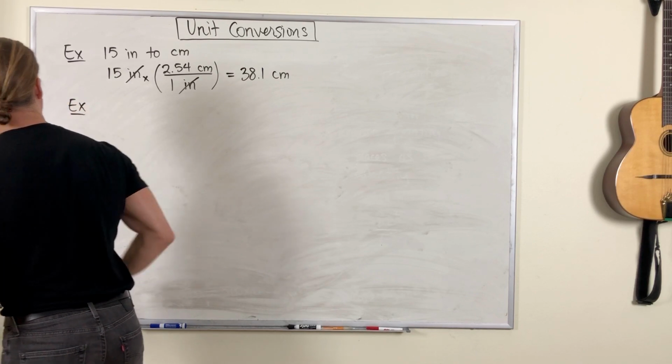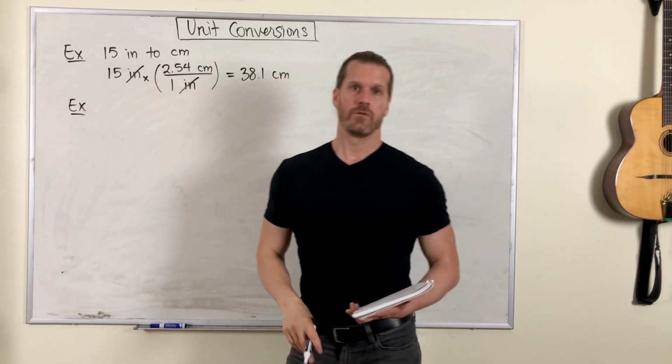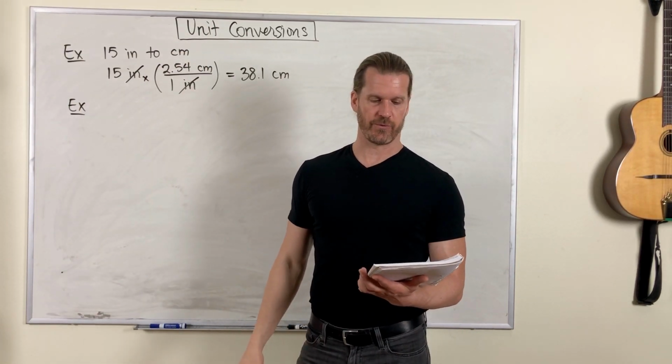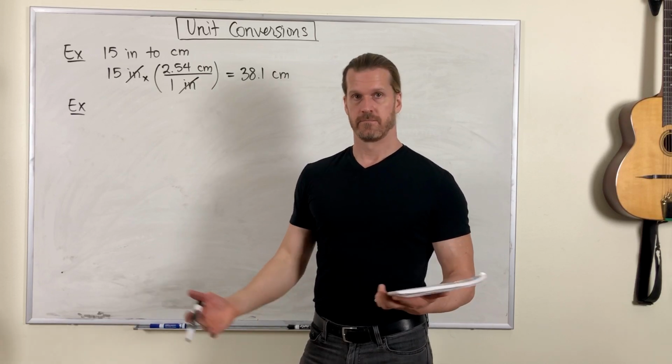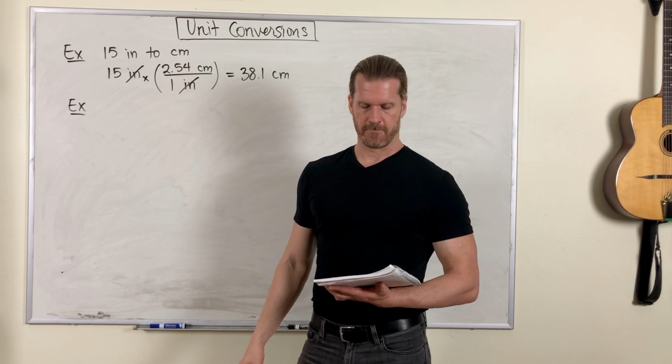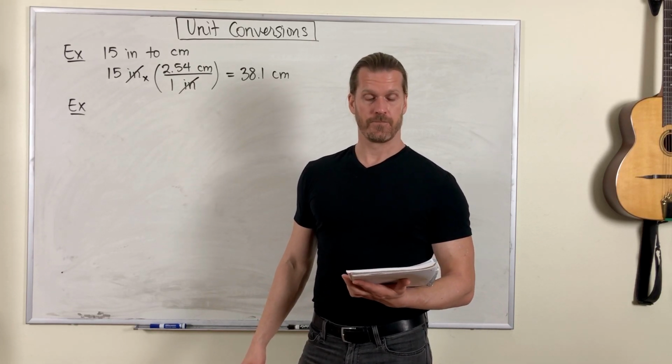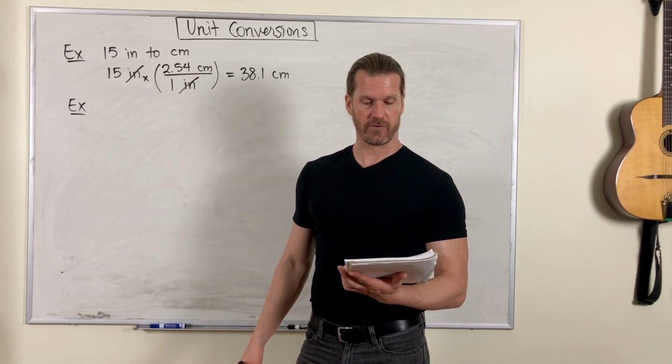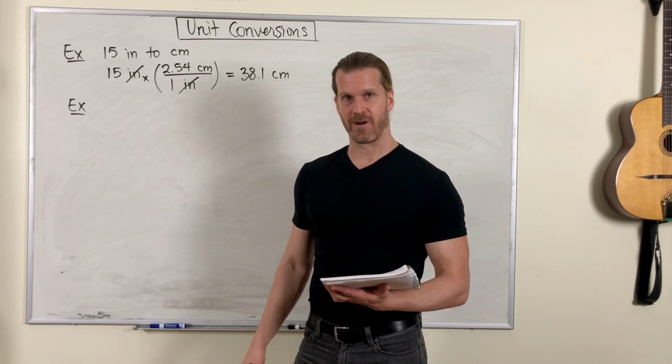Next example. You can have situations where you need to convert more than one type of unit. For instance, a speed. Let's convert 28 meters per second to miles per hour.